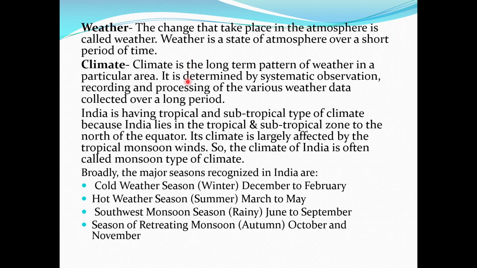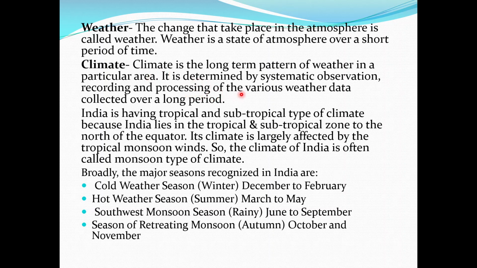And climate means the long term, for example when the hot season starts from the month of April and lasts for 3 months, up to June. So this is called the summer season. This is called the hot climate. So climate is a long-term pattern and weather is a short-term pattern.